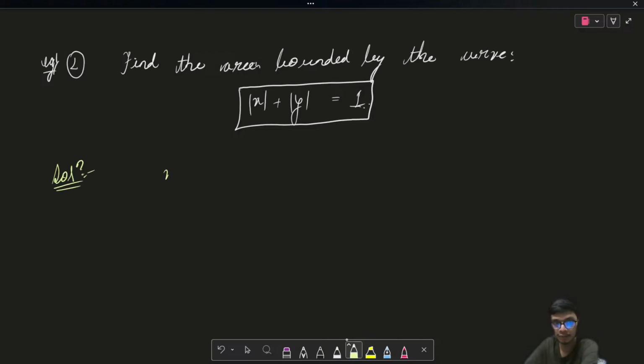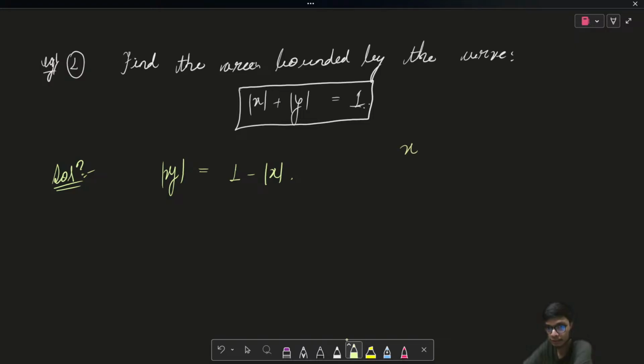Let me rearrange the expression as mod of y equals 1 minus mod of x, right? Also we have to note that mod of x is equal to 1 minus mod of y, and mod of y is equal to 1 minus mod of x, right?